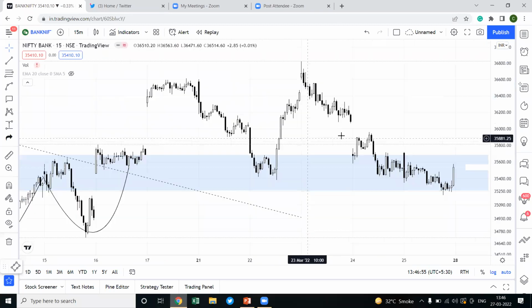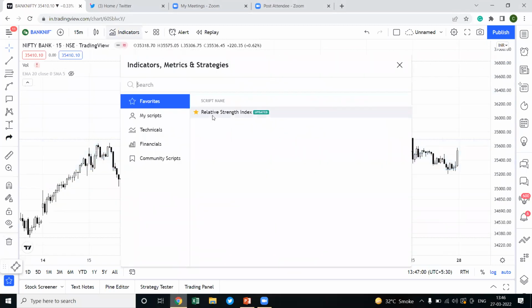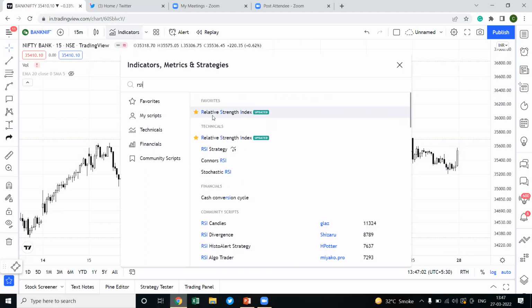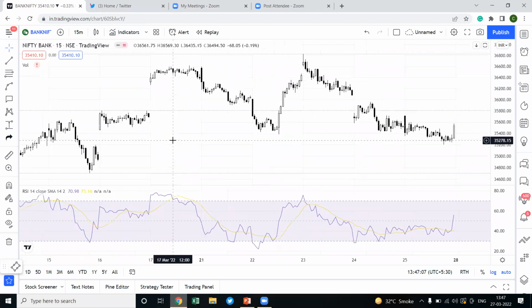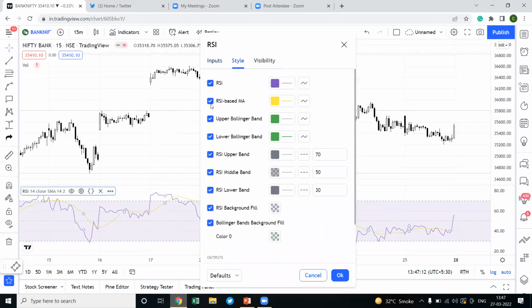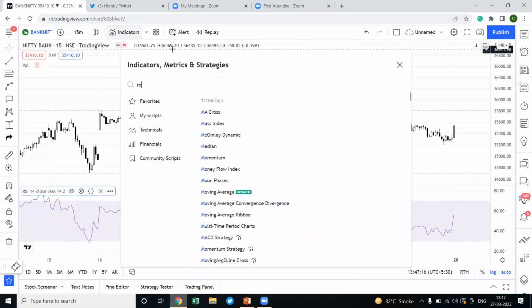Also, this is a bit of an advanced topic, but I'll try to explain. We'll take 3 indicators to see, as Bank Nifty was coming down, whether there was any strength in Bank Nifty. There are a lot of indicators like RSI, and there is another indicator, MACD.